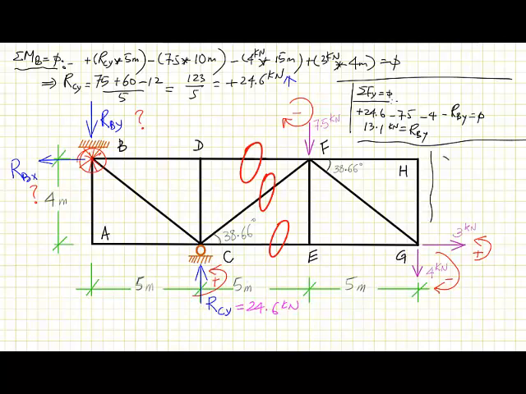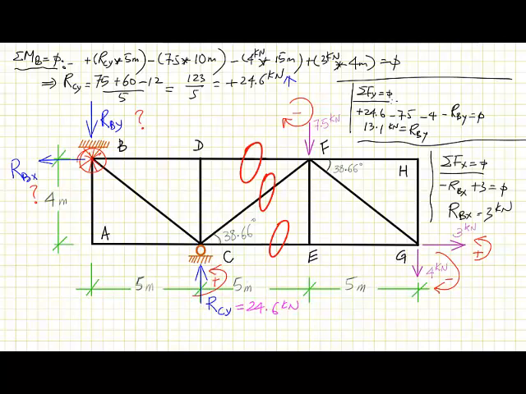Now we'll do the sum of all forces in x direction equal to 0. And we have only this force, which is minus RBX, and this force, which is plus 3, is equal to 0. So RBX is equal to 3 kilonewton.